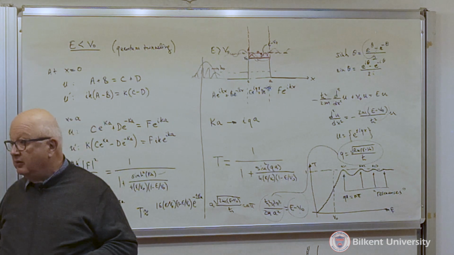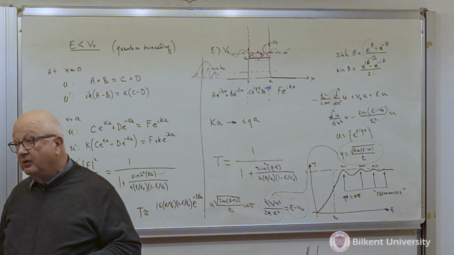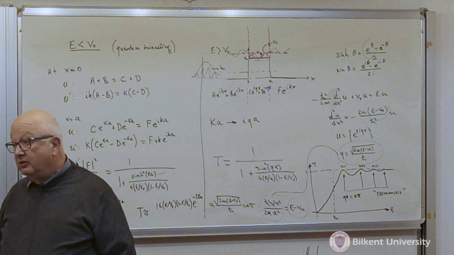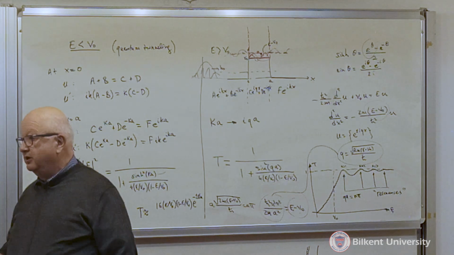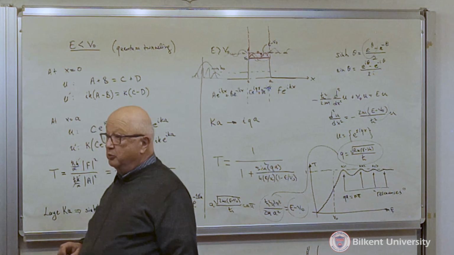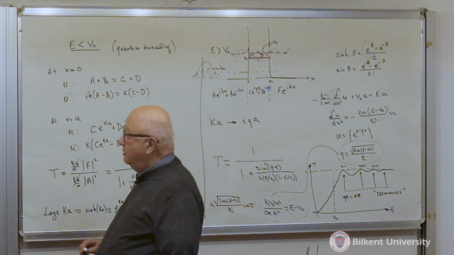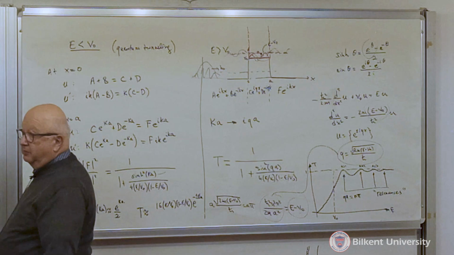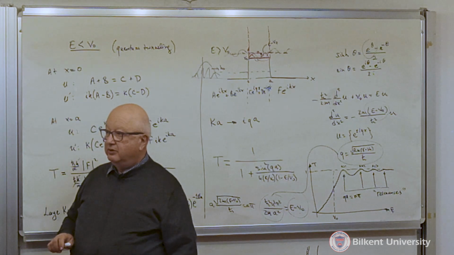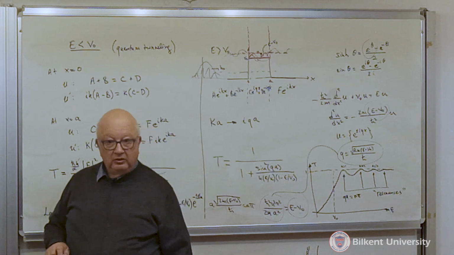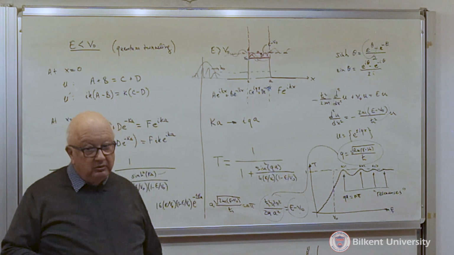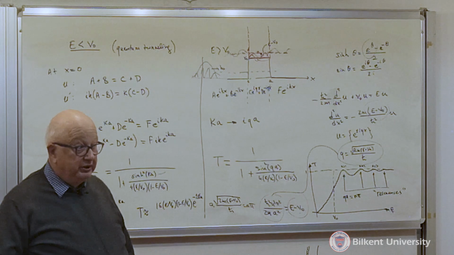Can you talk about those resonance frequencies for the case where E is less than V0? No, because there you don't have a wave anymore. The solution to the problem is no longer a wave, so it's not a resonance. There is tunneling.